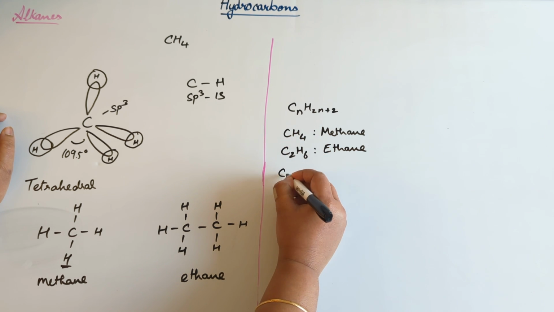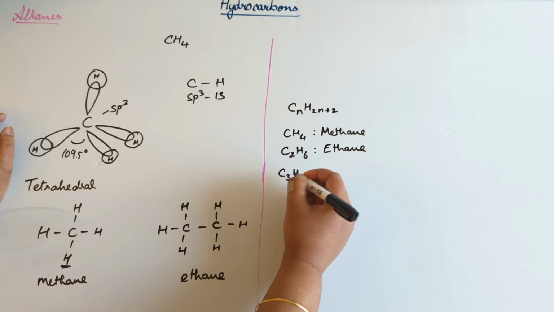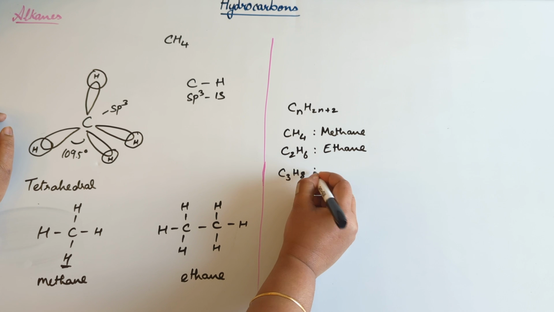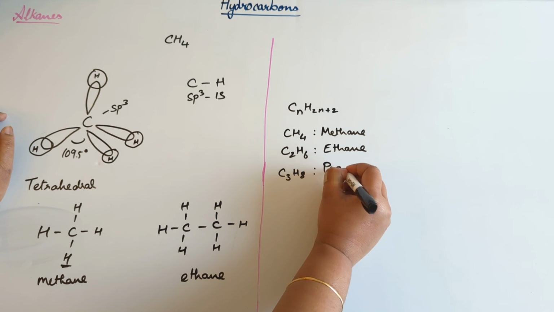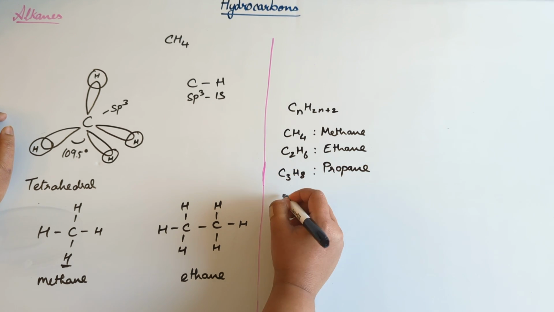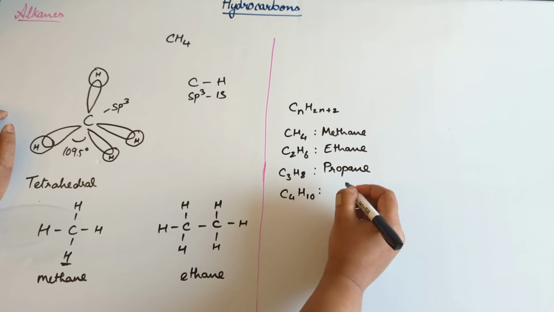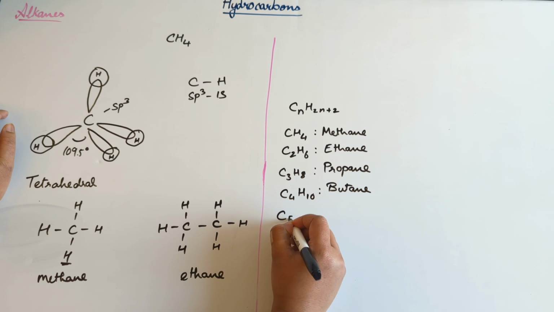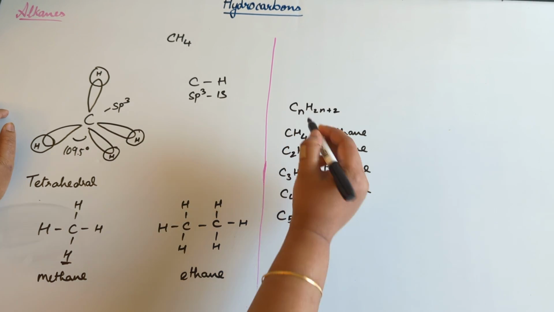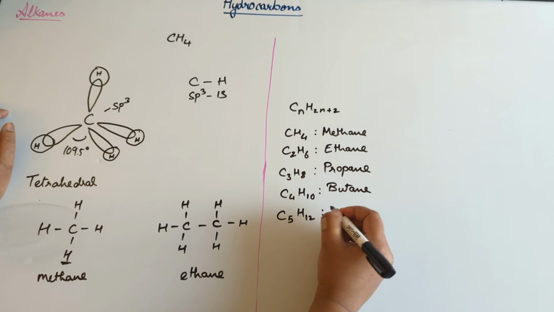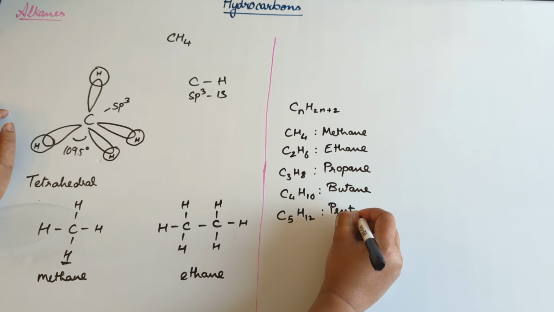Here again C3H, 2 3s are 6, plus 2 is 8. This is propane. Then C4H, 4 2s are 8, plus 2 is 10. This is butane. The next one is C5H, 5 2s are 10, plus 2, that's 12. That's pentane.